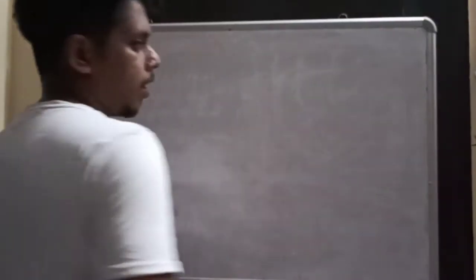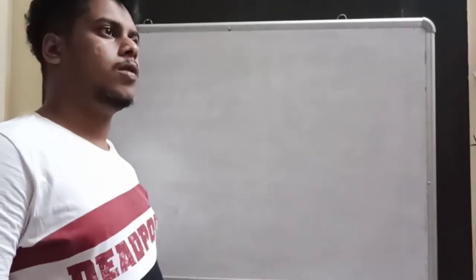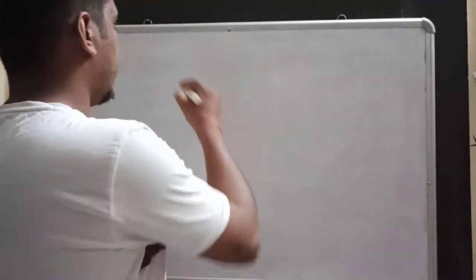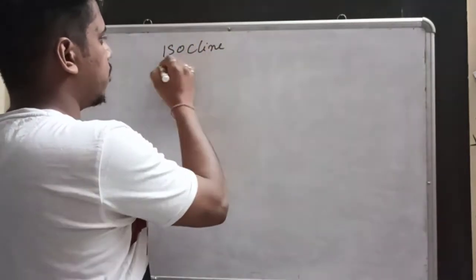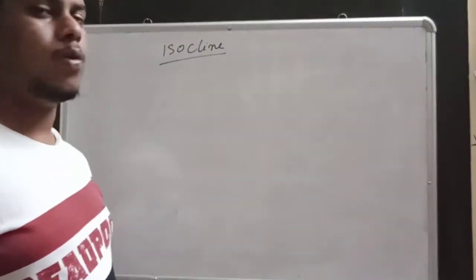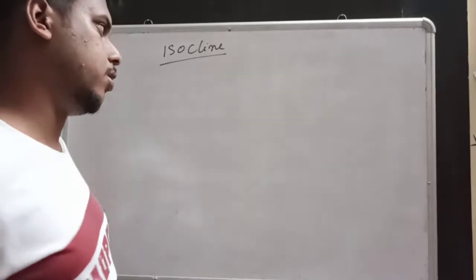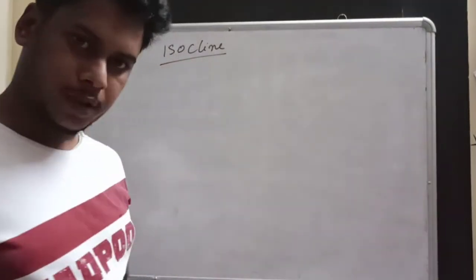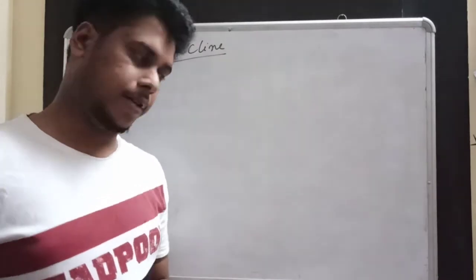Lastly, let us end the class by discussing the concept of isocline. Isocline. This is also new to you. So isocline is basically a locus of points along which the value of MRTS LK remains constant. So technically the expansion path and the ridge lines are also isoclines.